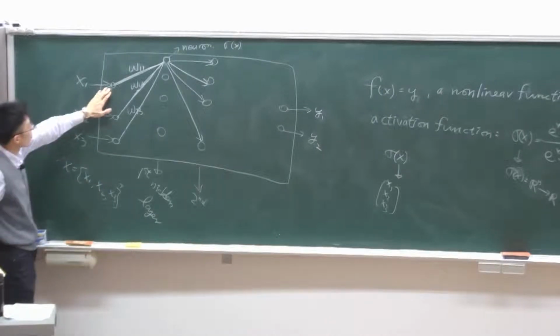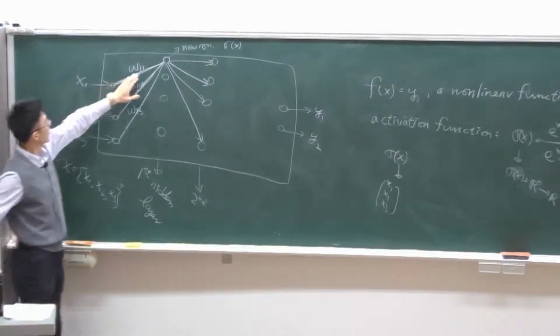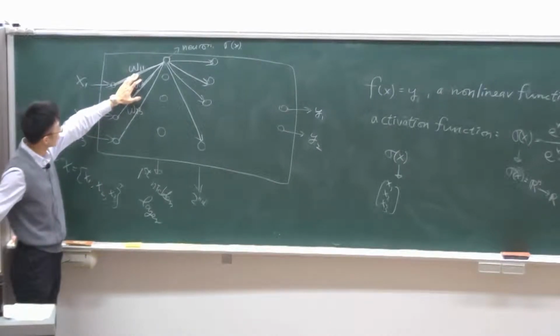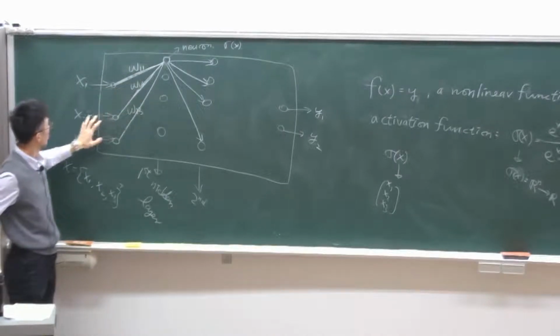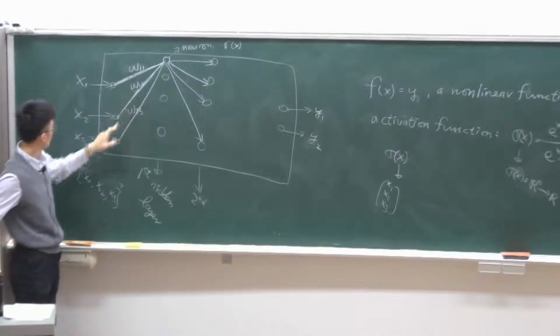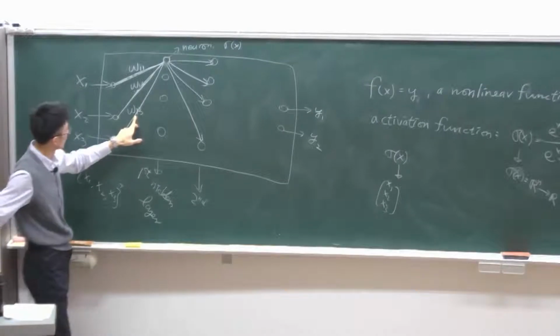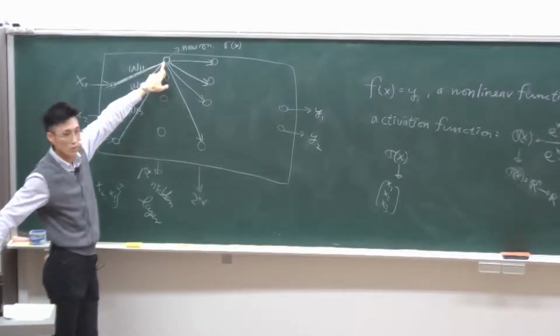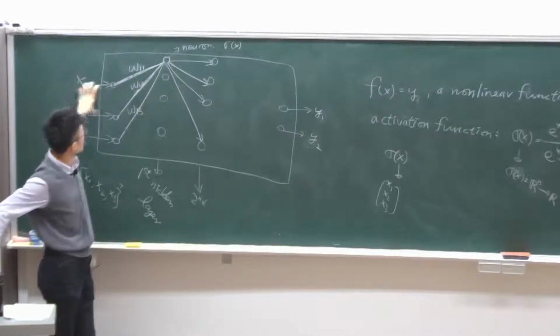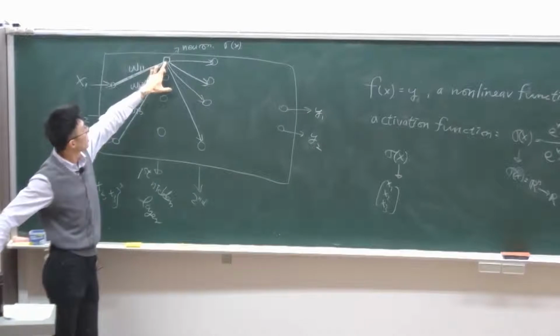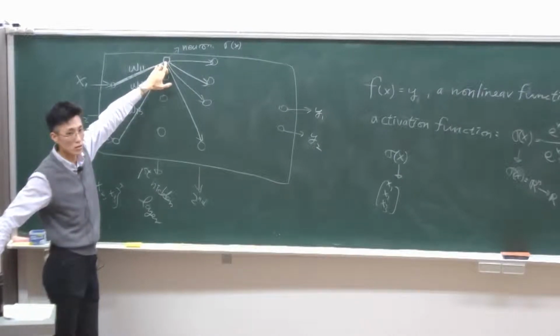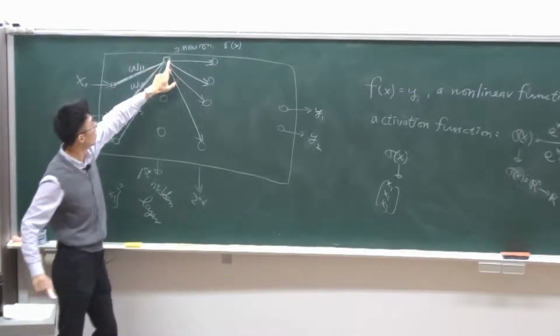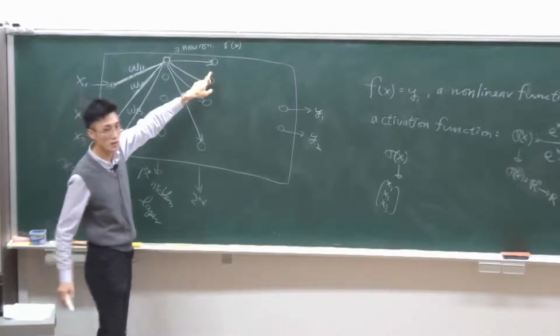So the input x1 times W11 plus x2 times W12 plus x3 times W13 will be the input to these neurons. The linear combination of x and the weightings becomes the input to the neurons, and that generates an output to the next hidden layer.